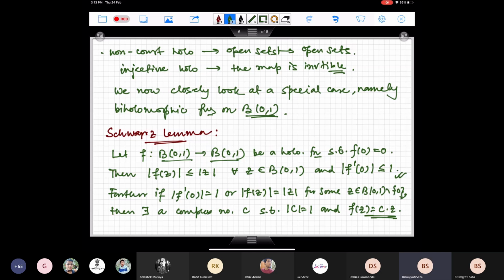Moreover, the derivative at 0 has modulus less than or equal to 1. And if you get equality in at least one of the places, then your function is nothing but a constant times the function z.